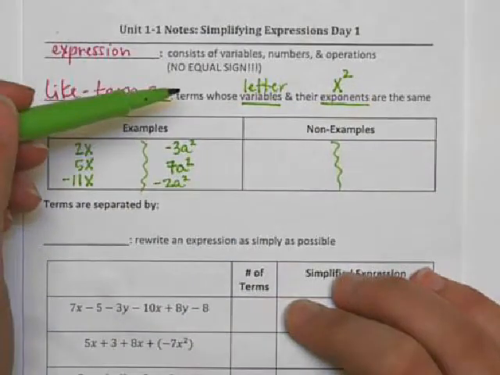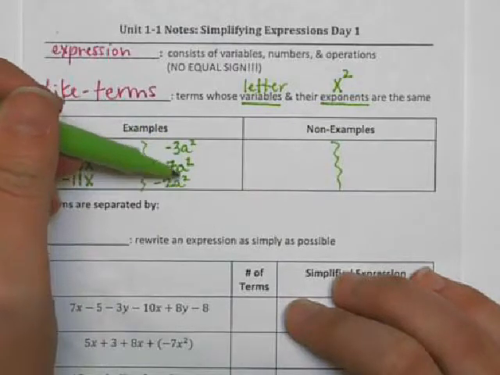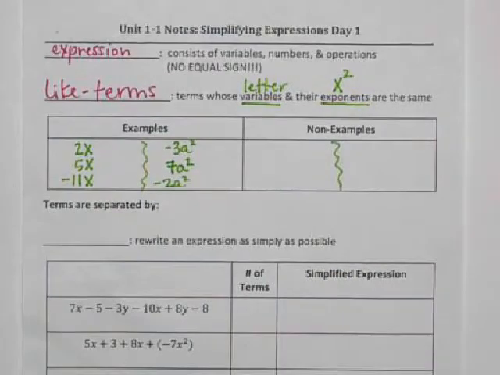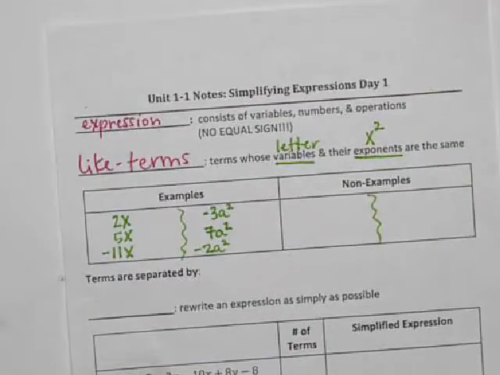So on this one, they all have the same variable, same letter a, and they all have the same exponent 2.